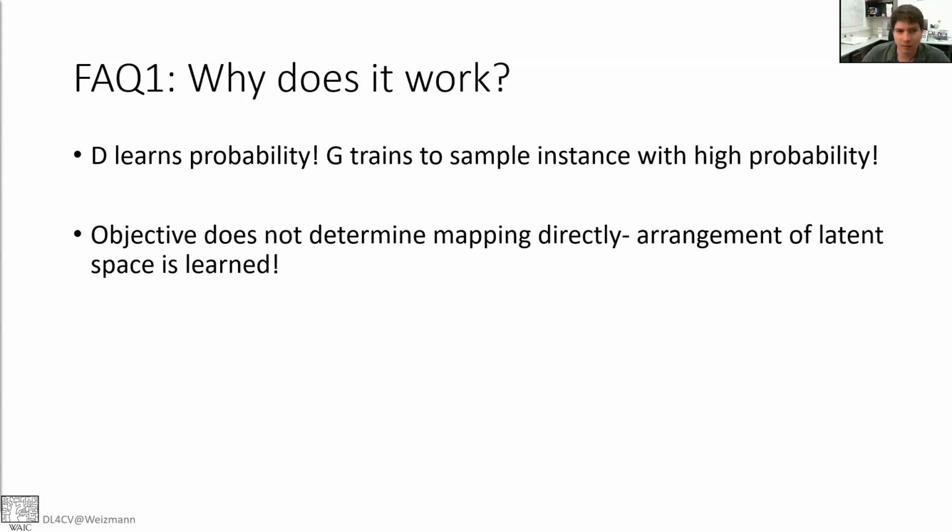As opposed to the bad suggestion I was showing you before, in this case we're not arranging the latent space by ourselves. We're not saying this noise belongs to this image and that noise belongs to the other image. What we're saying is something much simpler: here's this noise, you need to create some image that has high probability.